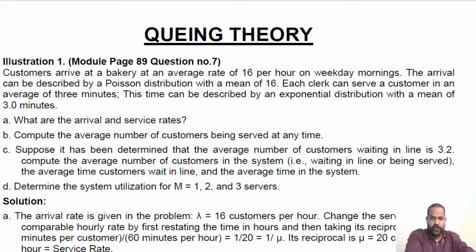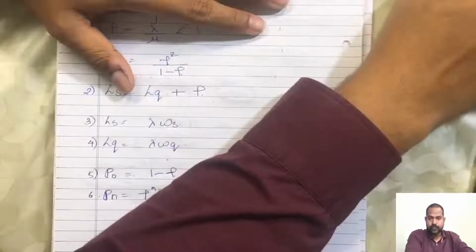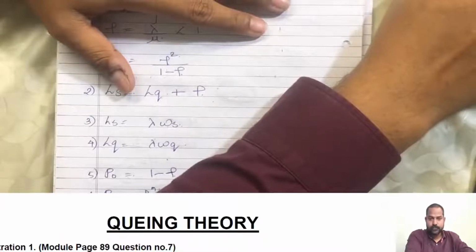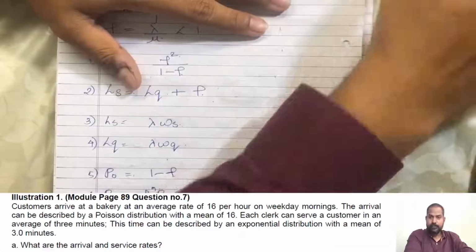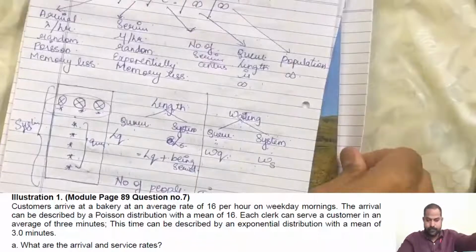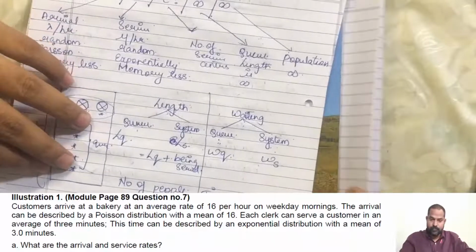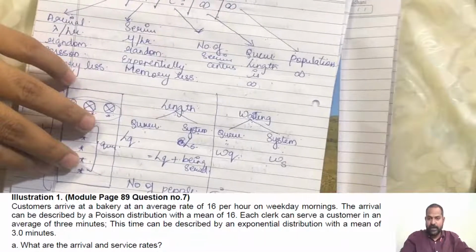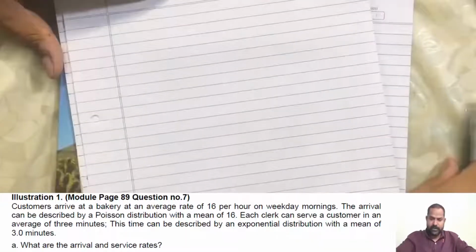Let me get rid of the question. So let me write down the data. And the data is, arrival you have directly given me as a number. So fantastic.